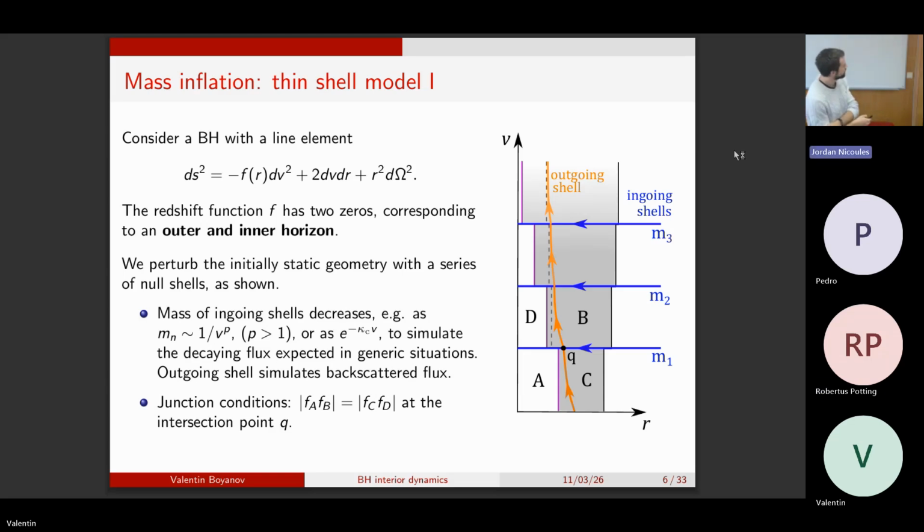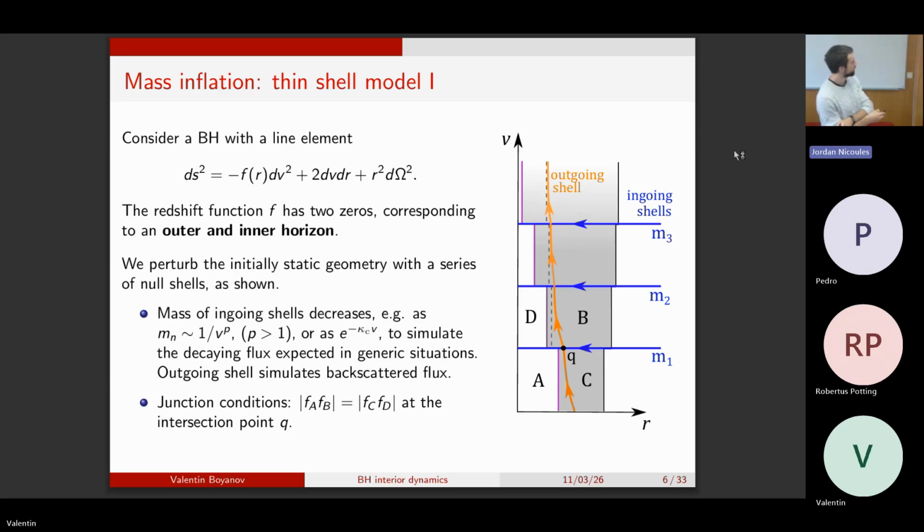And with this construction, we can obtain the full nonlinear solution just from the junction conditions. So just from specifying the masses of each shell and the junction conditions at the intersection points between the shells, which is from here between the redshift functions in each region.